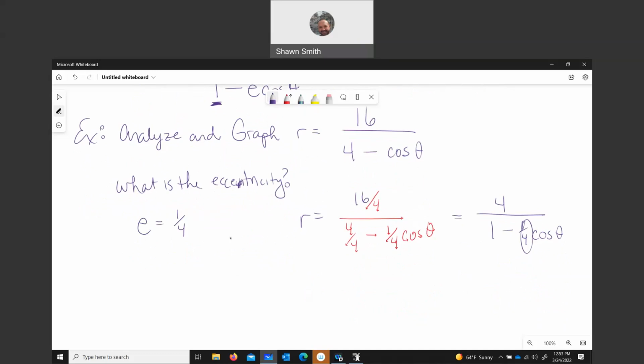That tells me this is less than 1. So we're dealing with an ellipse. I'm going to see how many units it is to the left of the pole. Is the directrix.